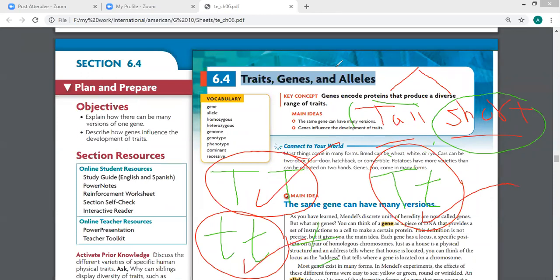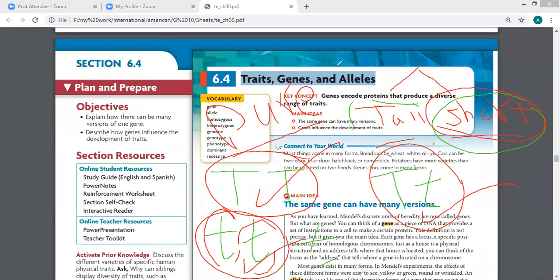T small represents recessive. Recessive is always pure, so it consists of two genes, both small letters. Okay?